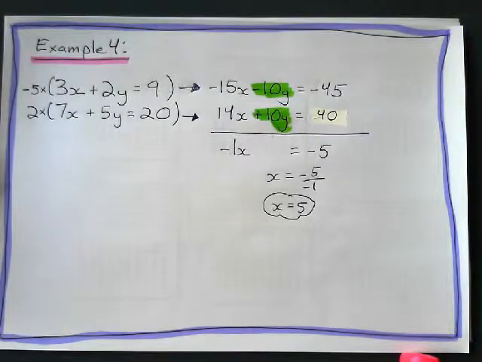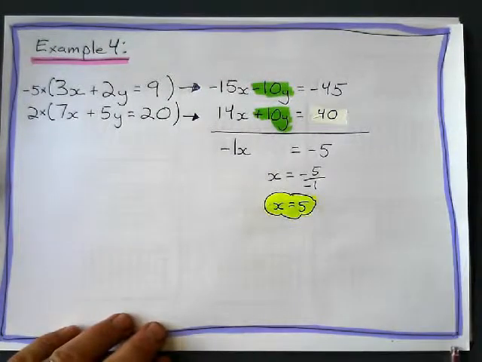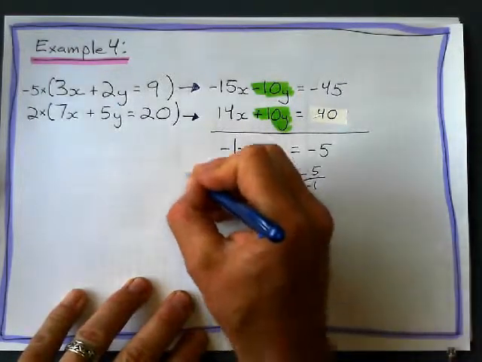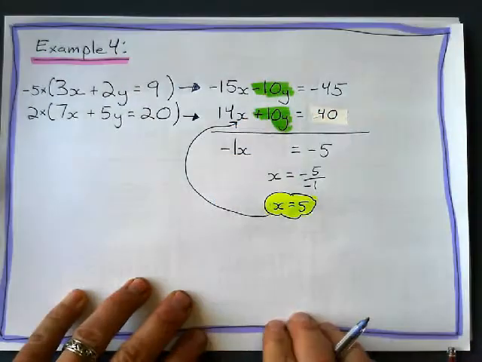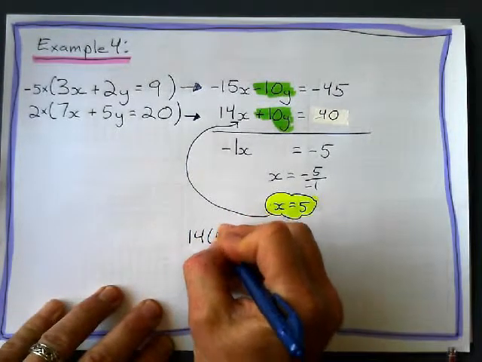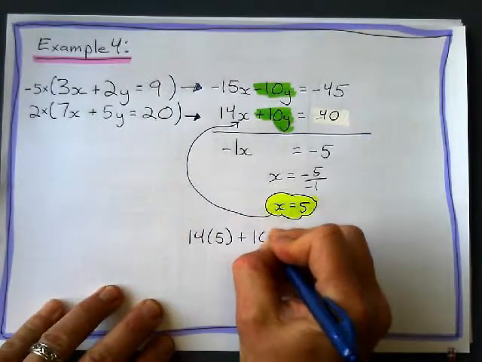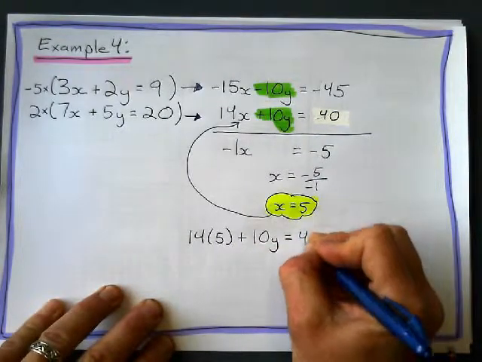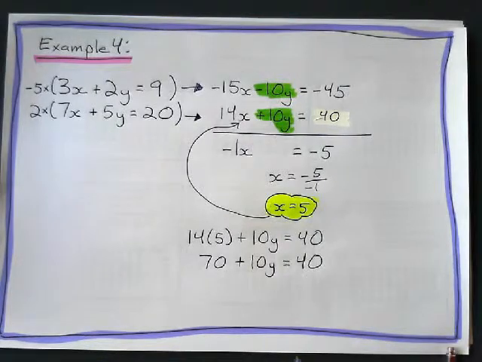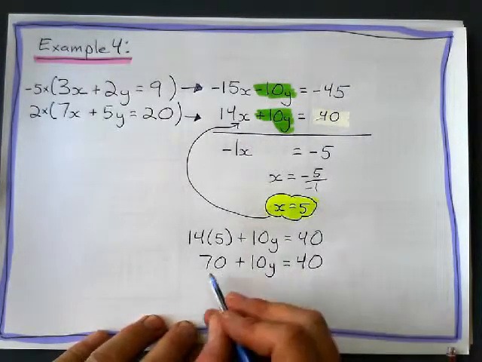Use that value of x to... I'll throw it into a different one this time. Why don't I put it into that equation right there to solve for y? 14 times 5 plus 10y equals 40. I get 70 plus 10y equals 40.